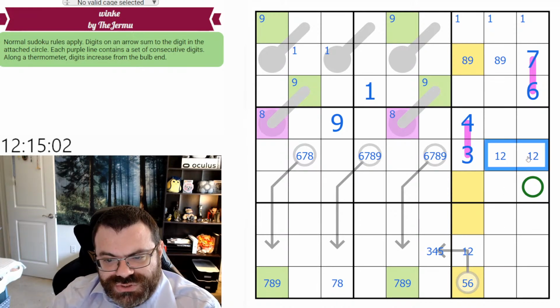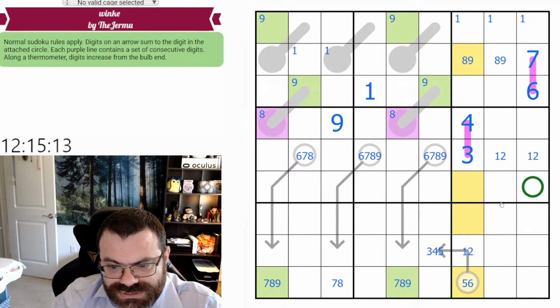And then 1 and 2, the other 1, 2, I don't know.